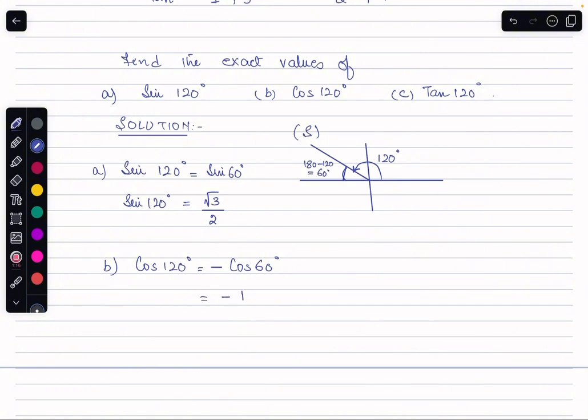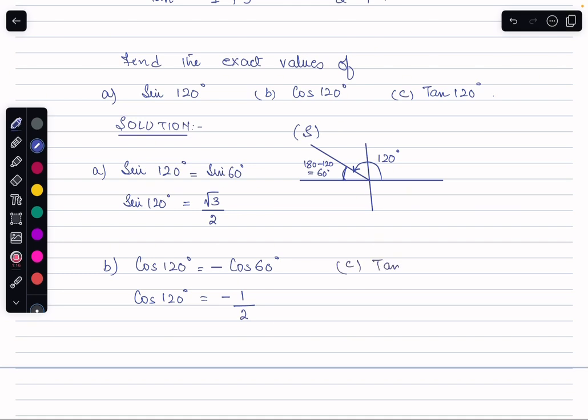Therefore, the value for cos of 120 degrees is going to be negative 1 by 2. So by ratio, there is just a difference of the sign between cosine of 60 and cosine of 120 degrees, because now it lies in the second quadrant, and we know that in the second quadrant the cosine ratio is negative.